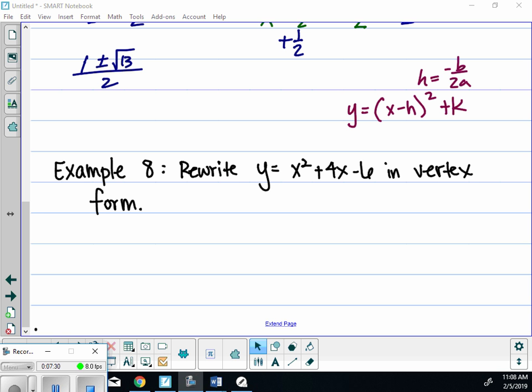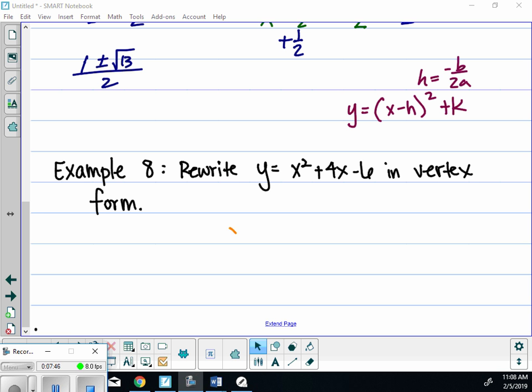We start out in a similar situation, but we don't want to get everything equal to 0 because we have that y in there. Okay, so this is set up a little bit differently.